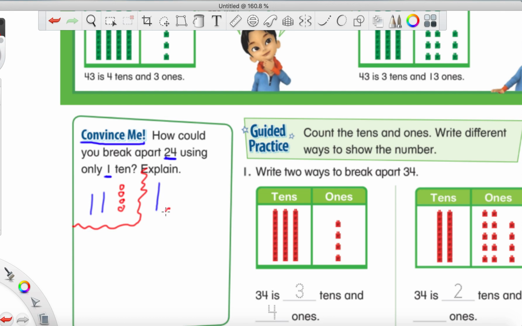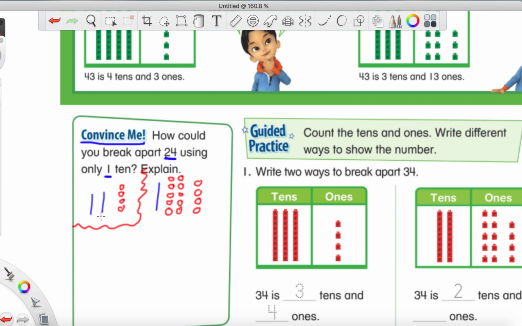So let's do that first. 1, 2, 3, 4, 5, 6, 7, 8, 9, and 10. Okay, so I broke apart my one group of 10 and turned it all into ones. Now the last step is to finish drawing the rest of these ones that we had in the first place. So let's go ahead and do that. 1, 2, 3, and 4.